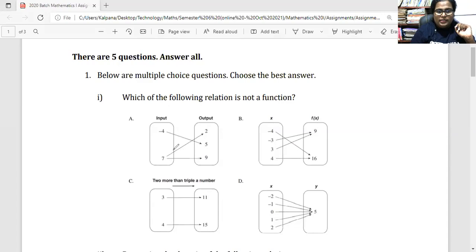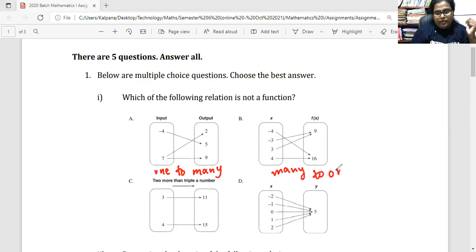So here you can see there is a one-to-many relation, right? In this part A, there is one-to-many relation, and in this one, you have many-to-one relation.